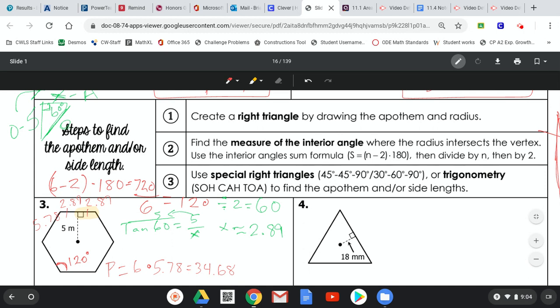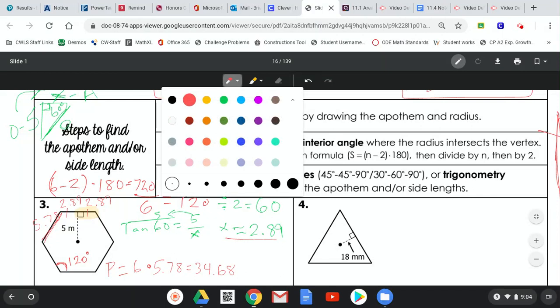So we found our side length using trig, and found the perimeter, because all we did was find the whole length of the side. That whole thing is 5.78, multiplied by 6 because there are 6 sides. And then we just plug it into our area formula. Let's use blue, because I know we have a lot going on here.